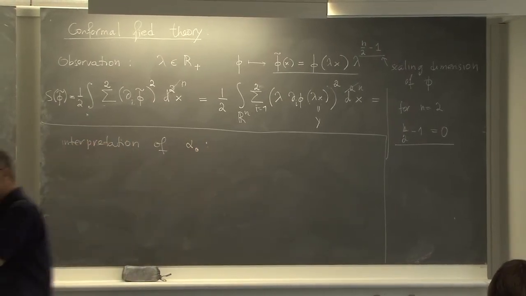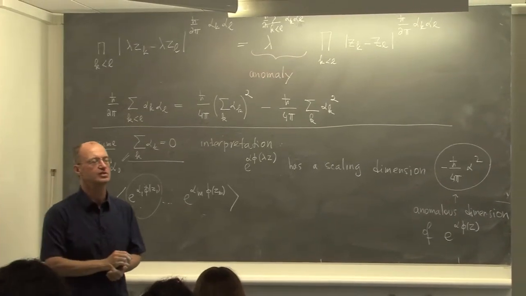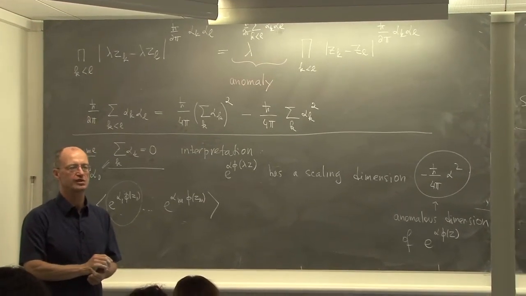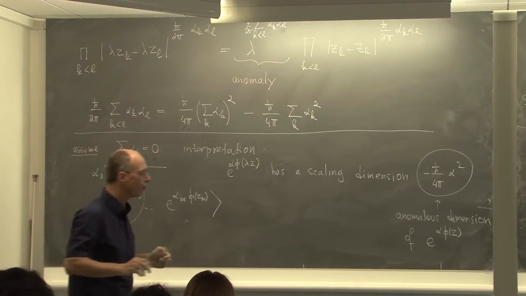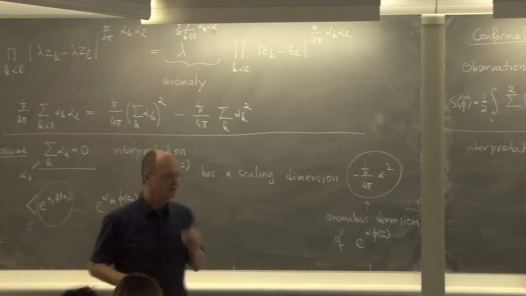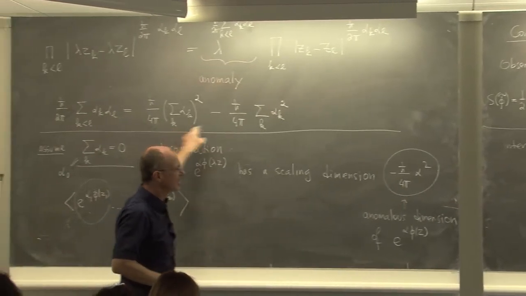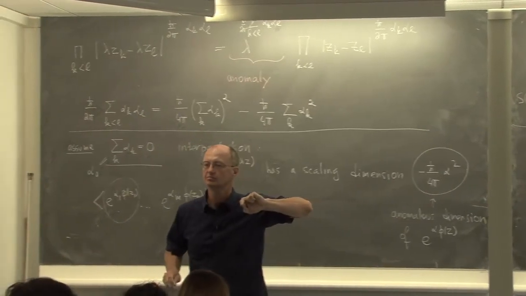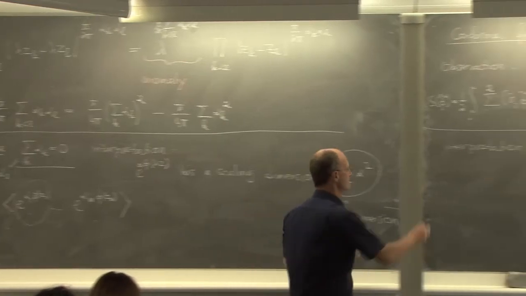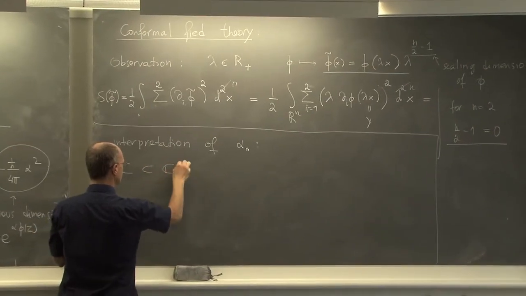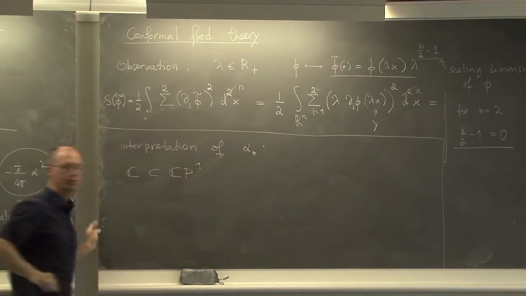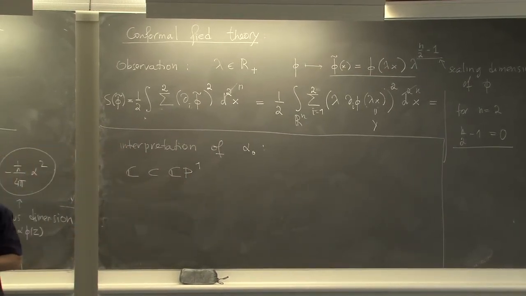So the interpretation of alpha 0 is as follows. So up to now, I was telling you we study quantum field theory on a plane R2 or on a complex plane. In fact, the formula tells us that maybe we are wrong. So one can think of C as an open dense subset in CP1.